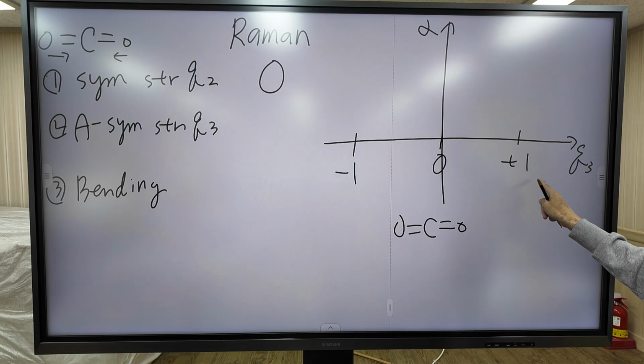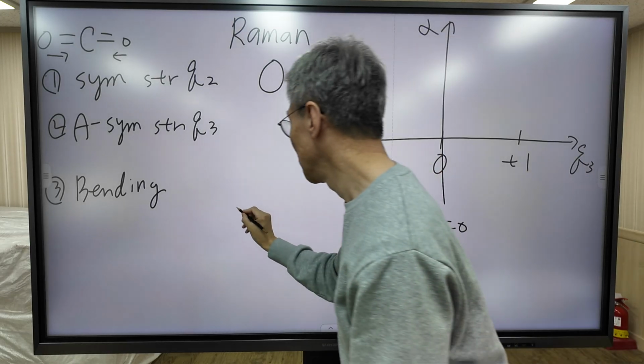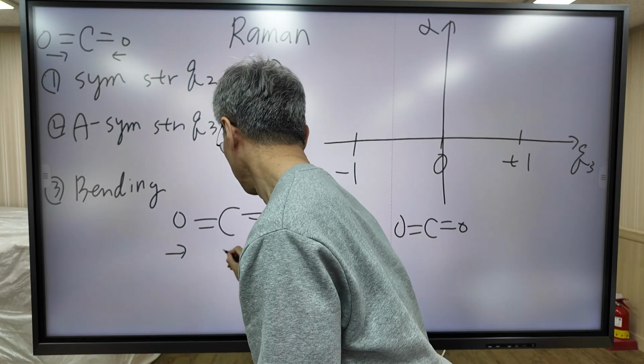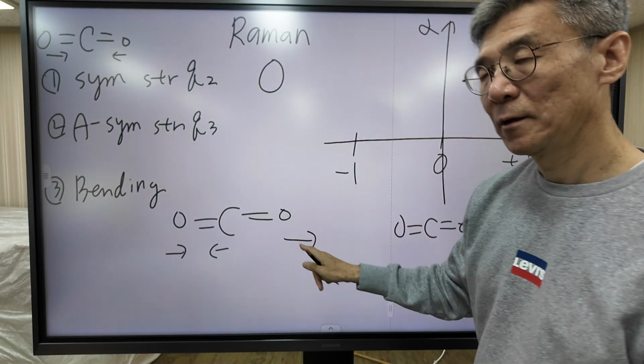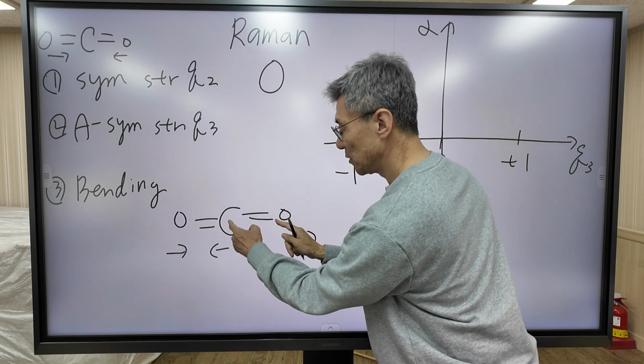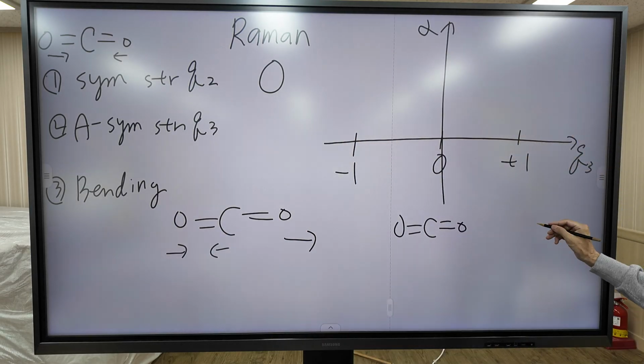And Q3 equals plus 1: this bond compresses, this bond stretches, so the molecule looks like this.